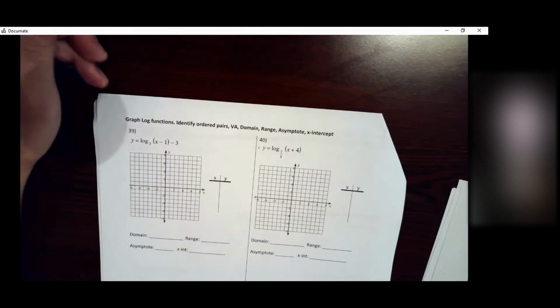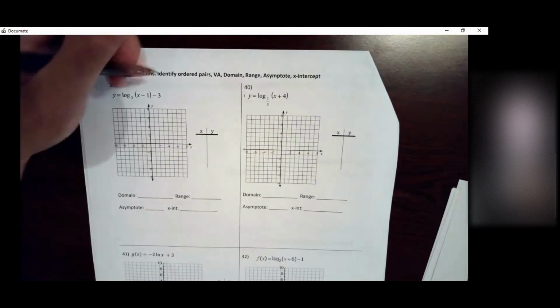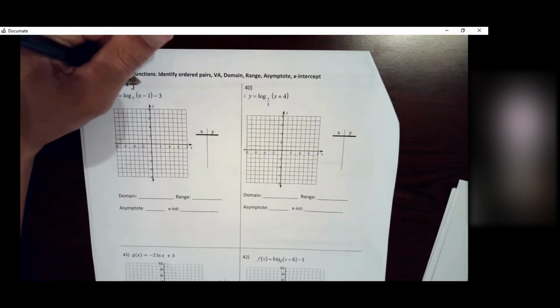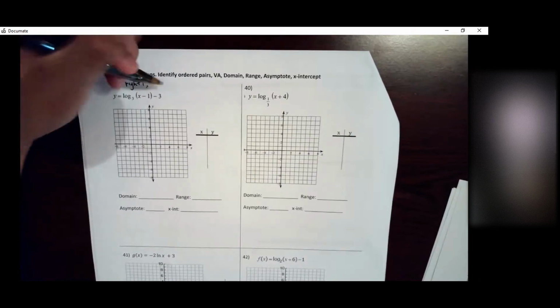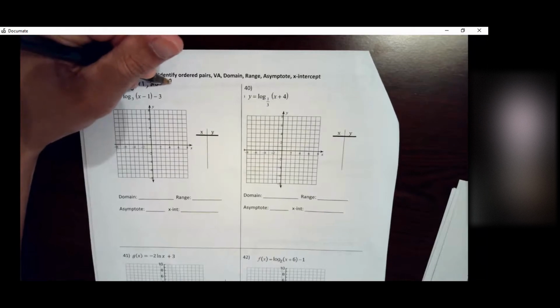Okay. So this one got shifted right by 1 and shifted down by 3.